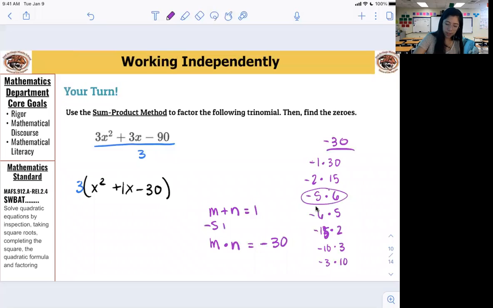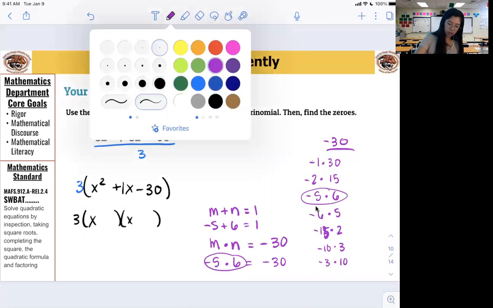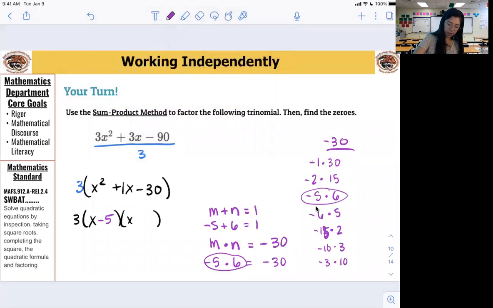Negative 5 plus 6 gives me positive 1. Negative 5 times 6 gives me negative 30. So there's my magic numbers. And now I can put them in. X minus 5 and x plus 6. So that's my factored form.